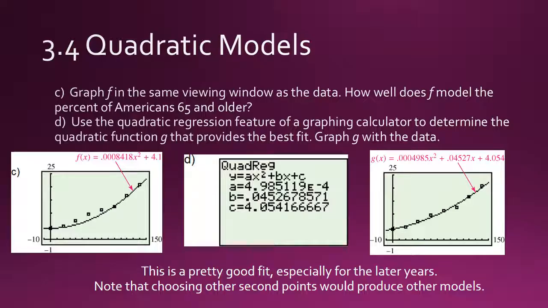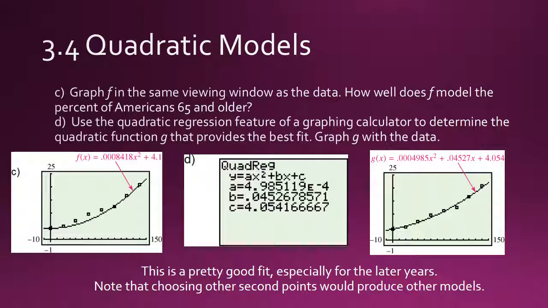Then we have that A equals 4.985119 E negative 4. What that means is you're going to put a decimal, 3 zeros, and then 4.985119 for A. That's scientific notation there. For B, we've got 0.045267857.